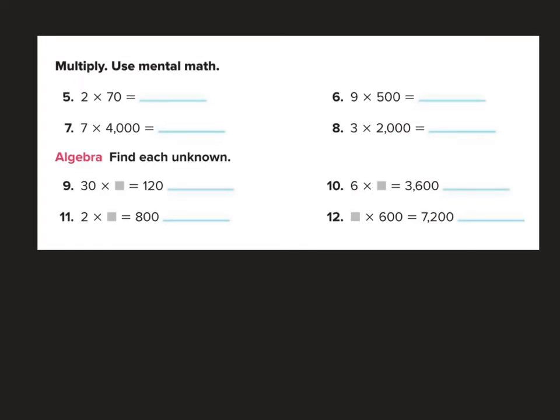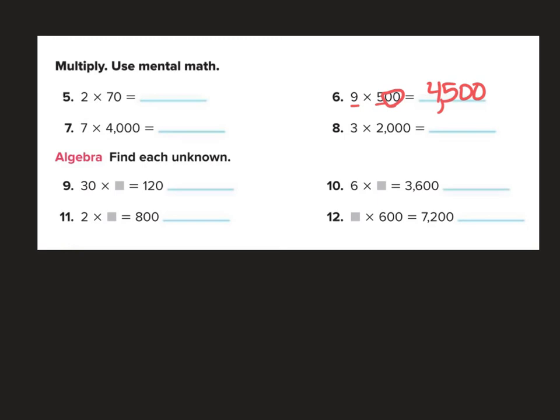Okay, I just want to do a couple of these so when you get to your independent practice you're not confused. So let's do 9 times 5. 9 groups of 5. 5, 10, 15, 20, 25, 30, 35, 40, 45. Then I look, how many zeros do I have? 2. 4,500 is going to be my answer.